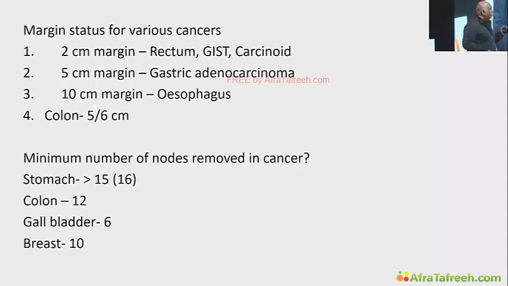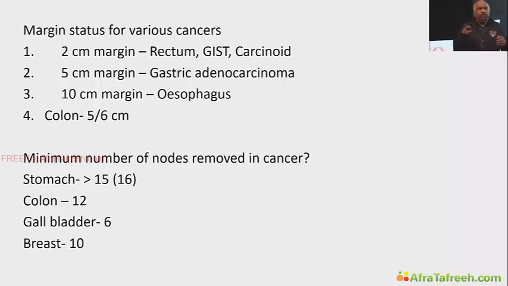How many minimum number of nodes should be removed in cancer? In stomach, either I write more than 15, or if I'm not writing more than, then I should write 16. So it should be 16 in stomach, 12 in colon, 6 in gallbladder, 10 lymph nodes minimum in breast. This was an INI-CET question two Sundays back, this year only, two weeks back.